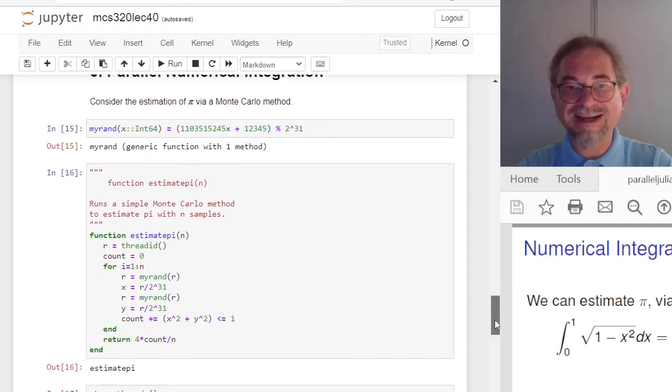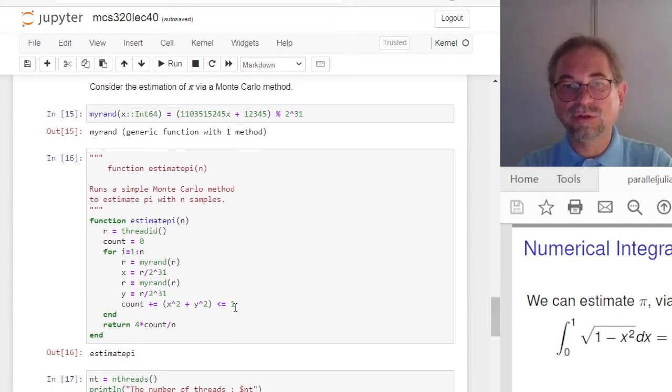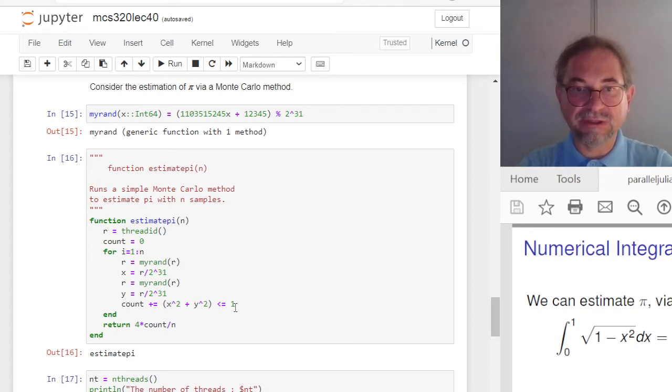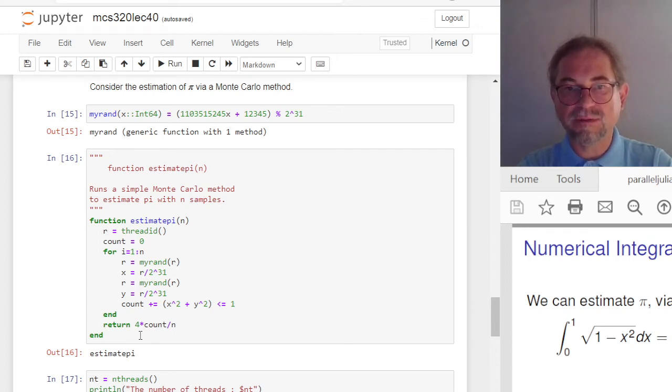And we count as a success all the numbers whose squared distance is less than 1. So they are in the unit disk in the first quadrant. That's why this function multiplies by 4. So we have the ratio of the successes over the total number of samples that gets returned.